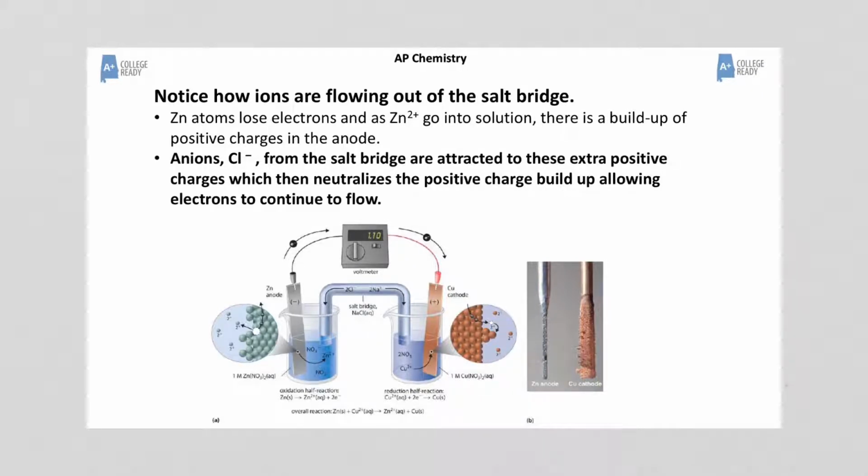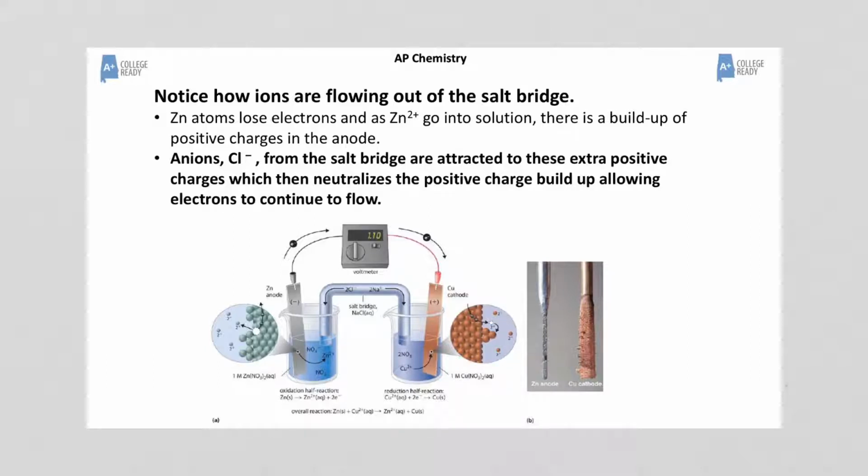Now, I'm not going to read through this again, but these slides explain exactly what I was saying about the salt bridge. It'd be good to read over that again and make sure you're understanding. The whole purpose of the salt bridge is to neutralize charges that are building up. So cations, and you need to mention the specific cation, in this case sodium ions, will flow to the copper cathode, and chloride, the anions, will flow to the zinc anode.